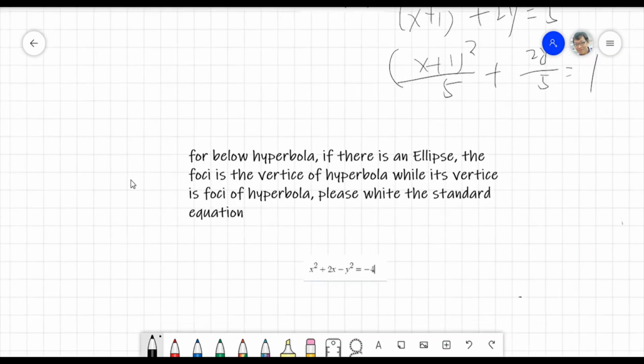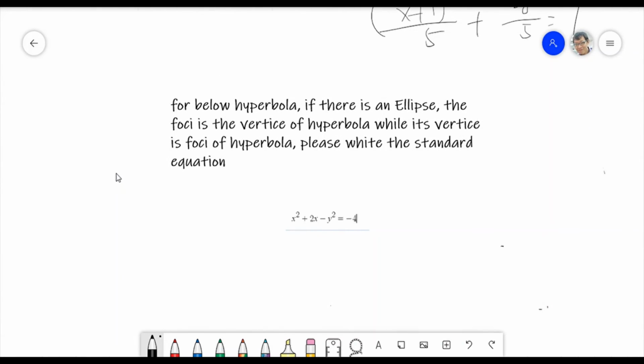Another example is about transforming a hyperbola into an ellipse. The hyperbola below is given, and they ask us to change it into an ellipse by exchanging the vertex of the hyperbola and the focus of the ellipse.